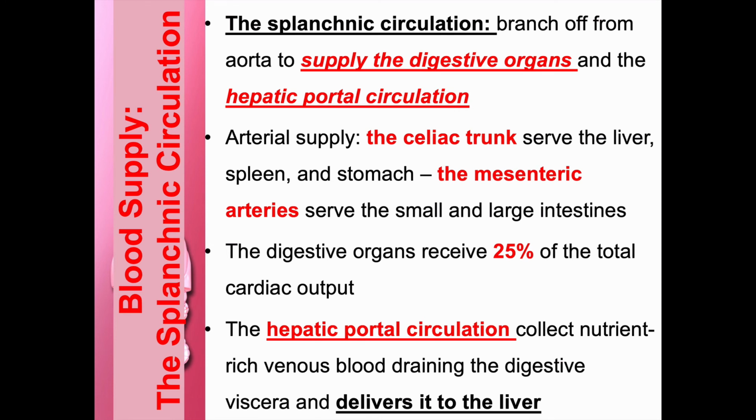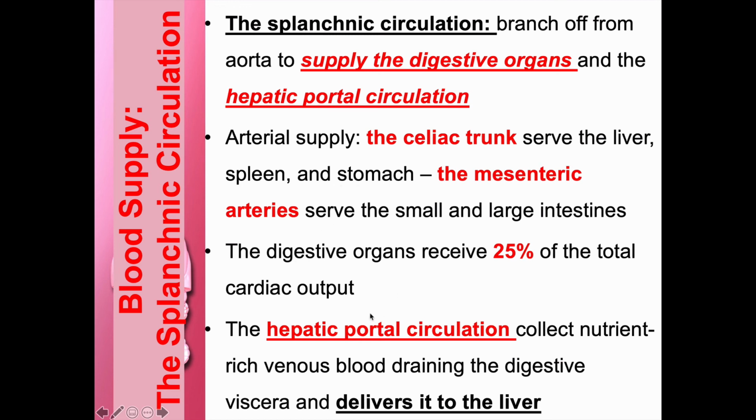Coming to the blood supply, as I told you, we divide the intestine into foregut, midgut, and hindgut. The foregut is supplied by the celiac artery. I have explained the celiac artery in the circulatory system, and I am not going to open it again because there is no time.